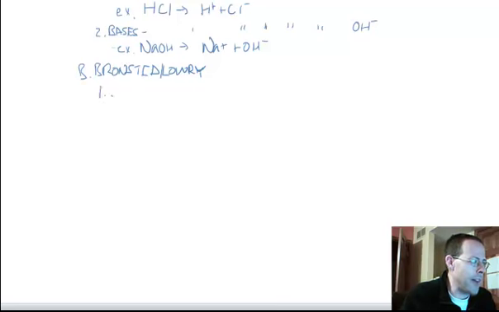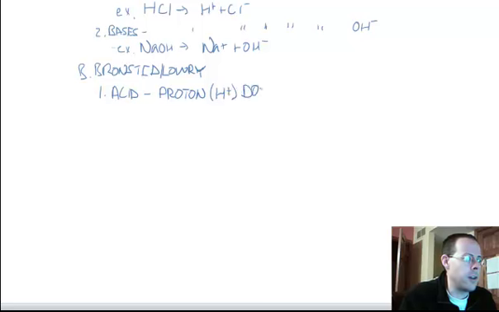But with the Bronsted-Lowry acid, we're going to define it as a proton donor. And again, I believe we had this first semester, but what is a proton? A proton is simply a hydrogen atom. So a proton donor is an acid. And a base is a proton acceptor. So something that can accept a hydrogen.